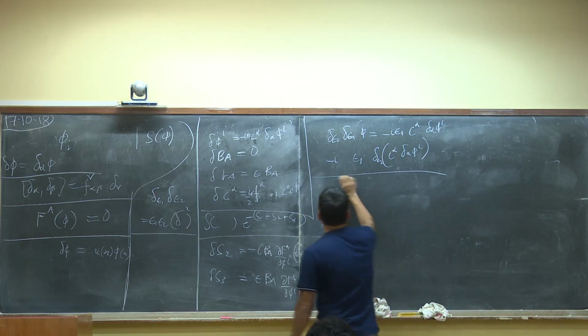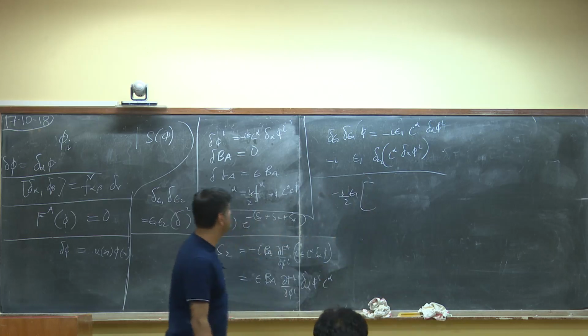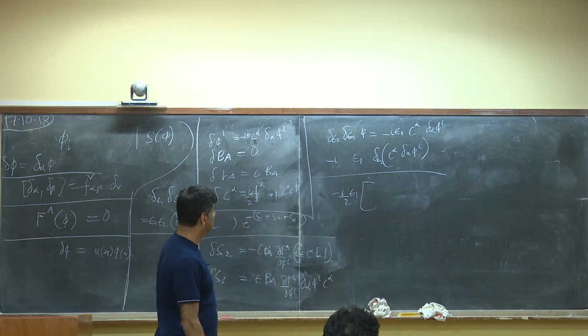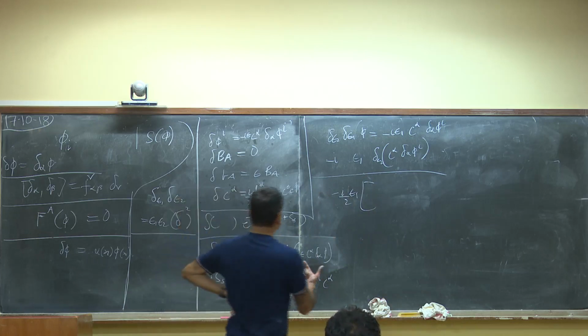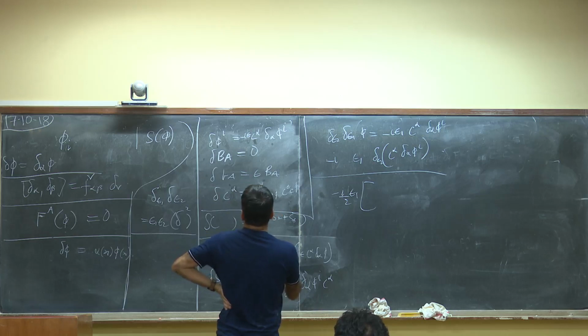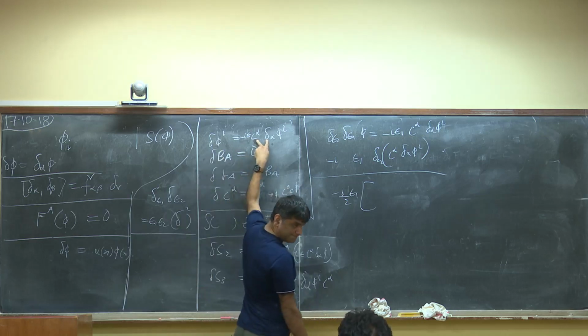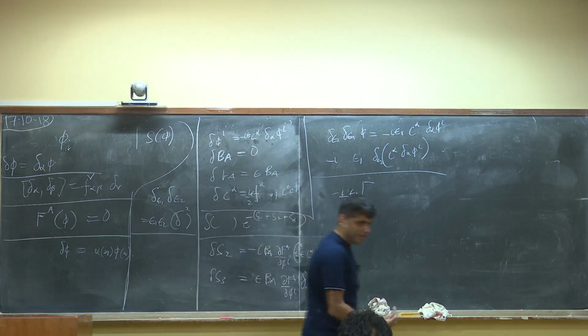So this is minus i epsilon 1. We are also assuming that delta epsilon 2 going past epsilon 1 doesn't have any sign, because the change in phi is fermionic, and epsilon is also fermionic.